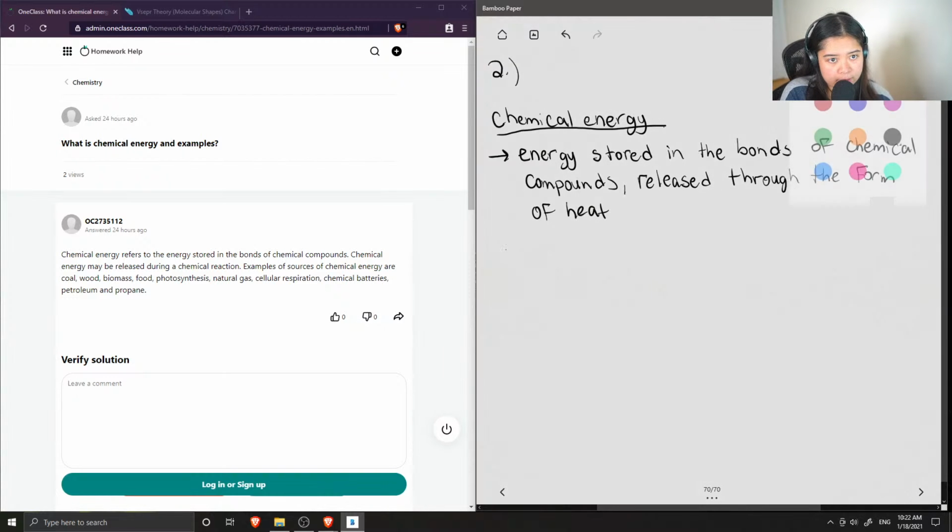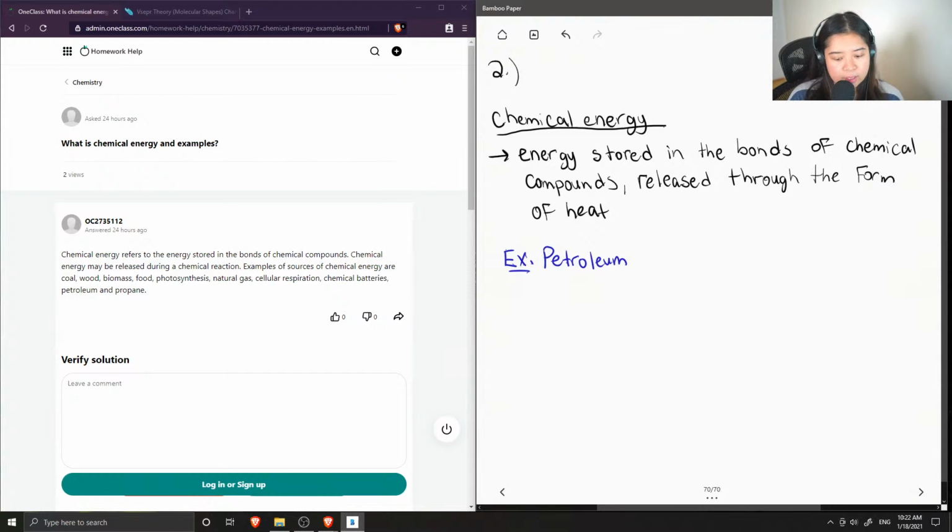And I'll just start to list off some common examples of where we might find chemical energy in real life. So for example, petroleum is a source of chemical energy. We use petroleum to fuel our cars to give it energy in order for the cars to run.